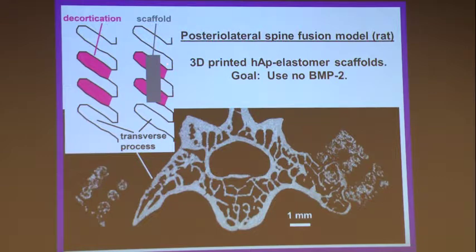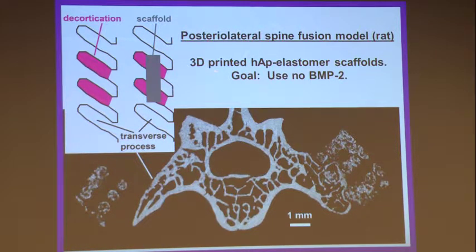The fusion process involves taking off the cortex of two transverse processes on the sides of the vertebra and then placing a scaffold over that, the scaffold being there to encourage bone to grow across the transverse process, thereby immobilizing those two vertebrae and removing the pain. So here is one of the scaffolds that we're developing, and there's the bone. These are the transverse processes, here and here. This is the beginning of the vertebral body.